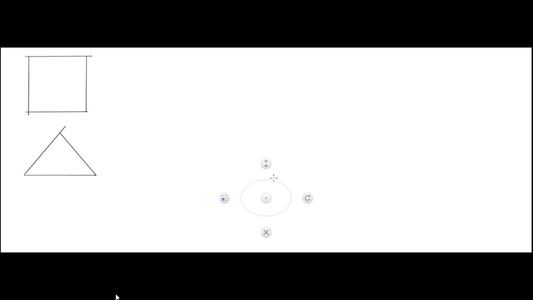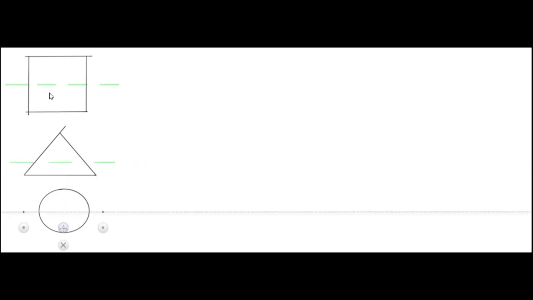Then we will see the centroid and area moment of inertia about the neutral axis and about the base of different cross sections. First one is the rectangular one, second one is a triangular one, and third one is a circular one.